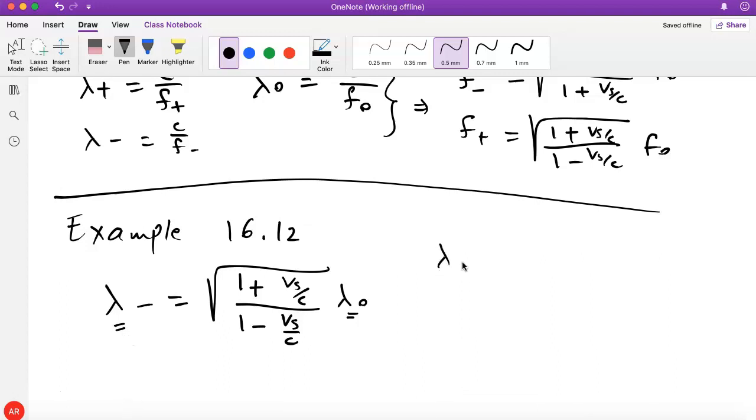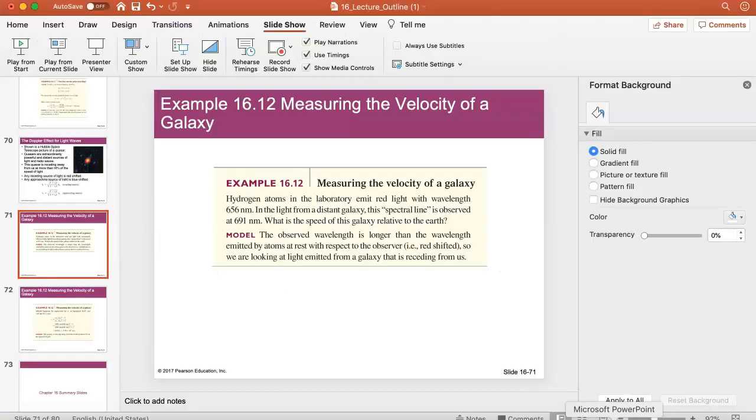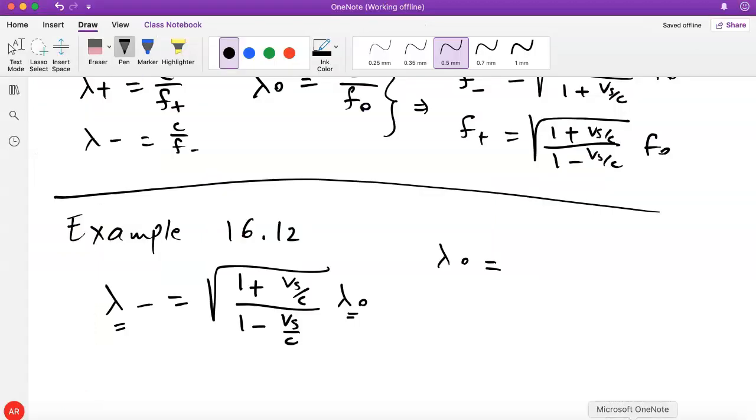So let's see what they were. Lambda naught, according to this problem, is 656, and lambda minus is 691.